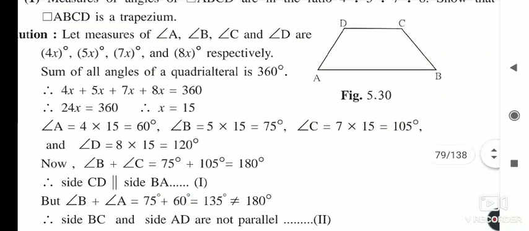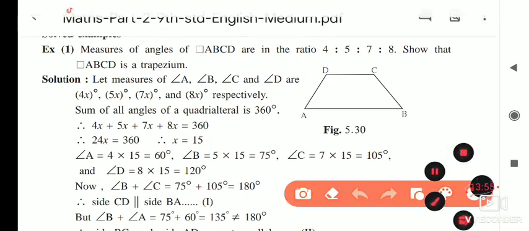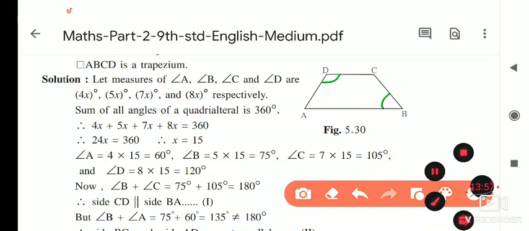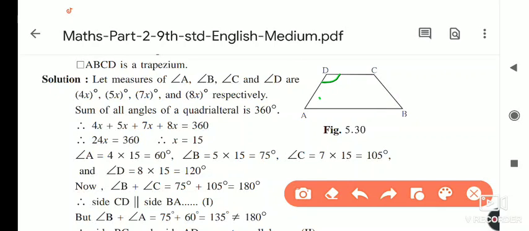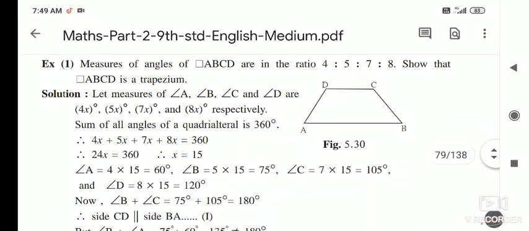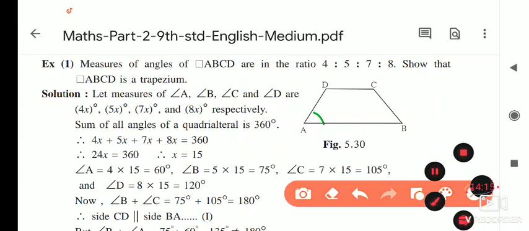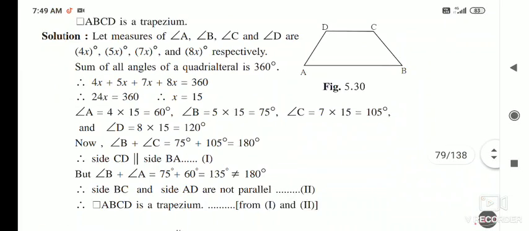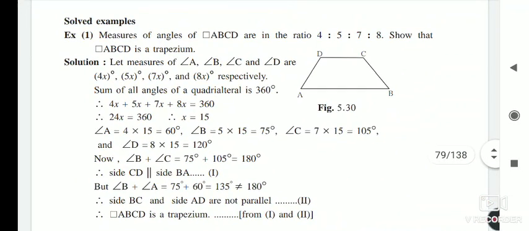So for that we will see the opposite angle sum: angle D plus angle A, or angle B plus angle A, any two angles. We have to show that A plus B is not equal to 180, and D plus A is equal to 180. If we show this, then it is a trapezium.